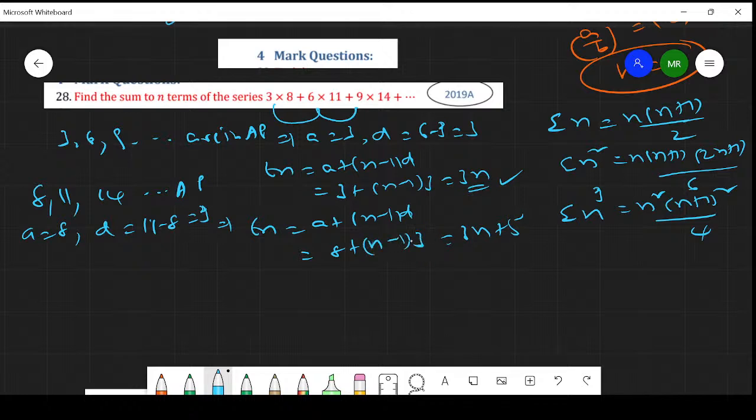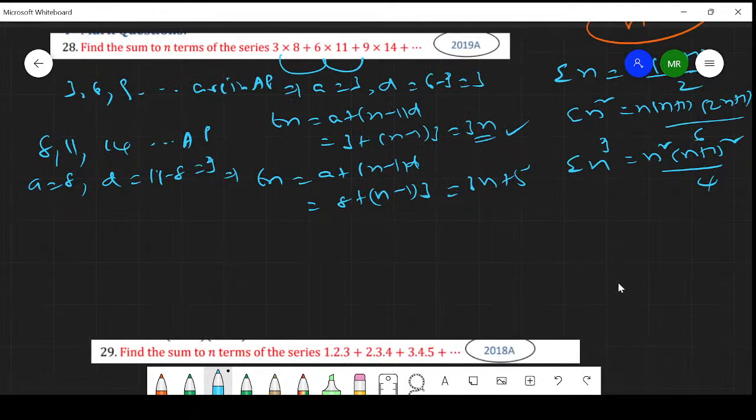Correct? They are asking to find the sum to n terms of the series. Now observe here. I can write Sn is equal to sigma Tn, because Tn is a product of these two terms. Sn, the sum of n terms, is equal to sigma Tn.